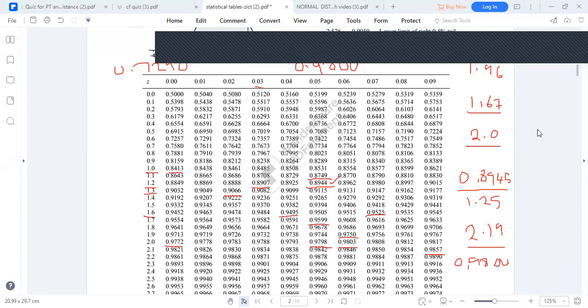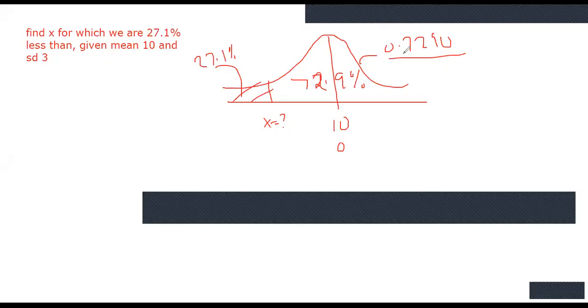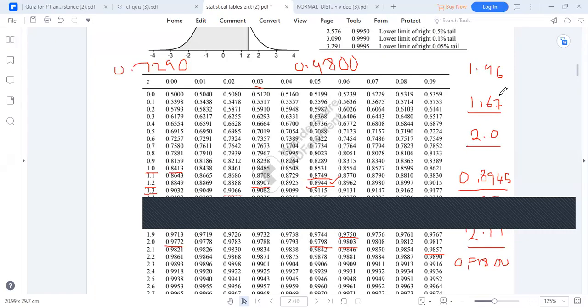Is this 72.90 or 71.90? 1 minus 0.271. Yes, 0.7290. So look for it inside here. The closest is what? 0.7291.